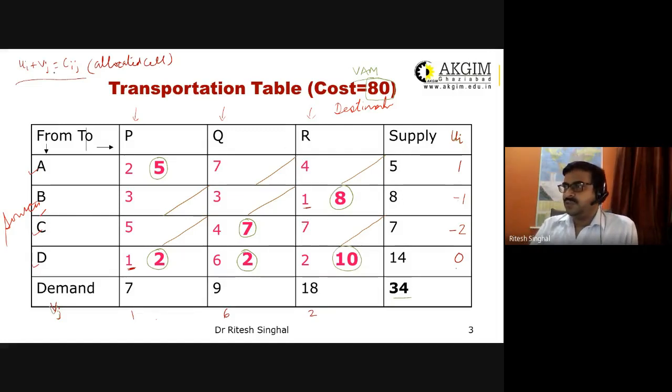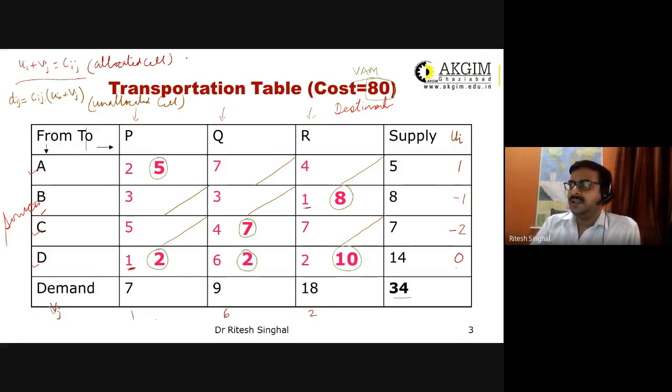So how do we do this? We need to calculate Dij, that is the opportunity, and it is to be calculated as Cij minus (UI plus Vj) for each unallocated cell.